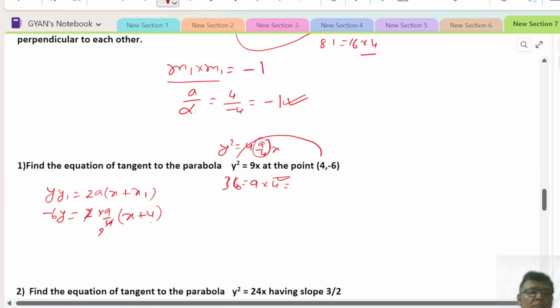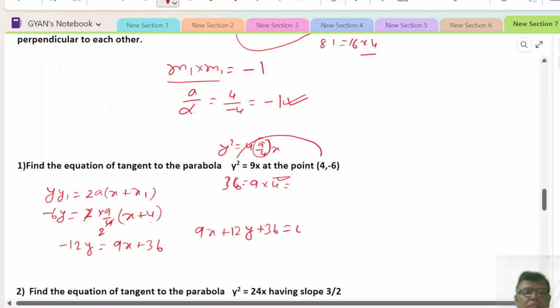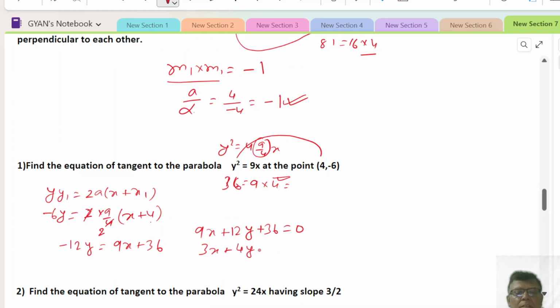So minus 12y is equal to 9x plus 36. So 9x plus 12y plus 36 is equal to 0, so 3x plus 4y plus 12 is equal to 0. So this is the equation.